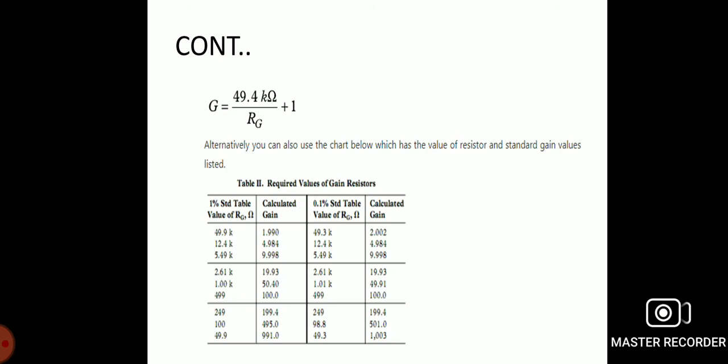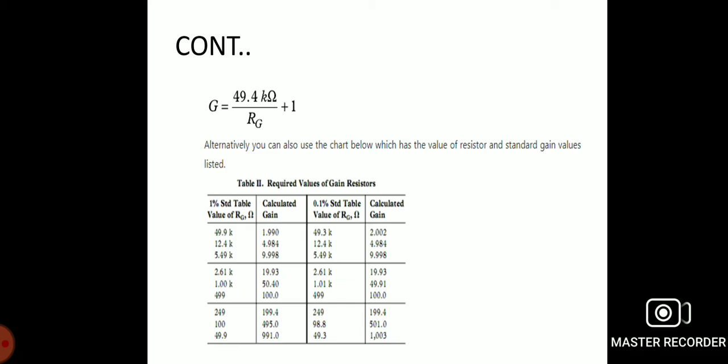The 1% standard table values of the gain resistance are 49.9 kilo to 5.4, 2.61 to 499, and 249 to 49.9. So the gain can be calculated, and then the second value of 49.3 gives a calculated gain of 2.002.